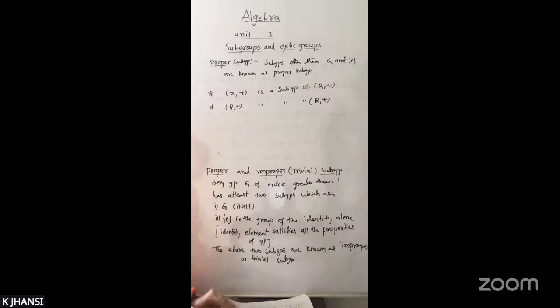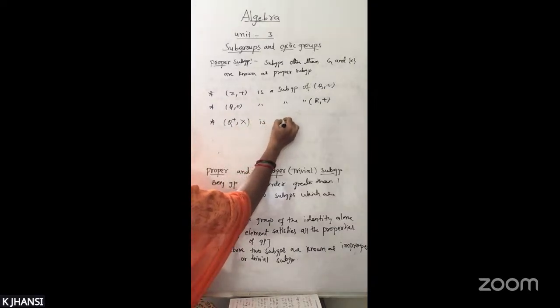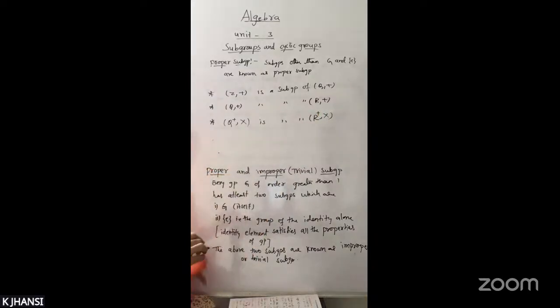Next are the multiplicative groups. That means with respect to multiplication, which set of numbers, either natural numbers, integers, rational numbers, irrational numbers, real numbers or complex numbers, will become subgroups. Okay. So for multiplicative groups, Q plus comma into is a subgroup of R plus comma into, that is positive rational numbers within positive real numbers.